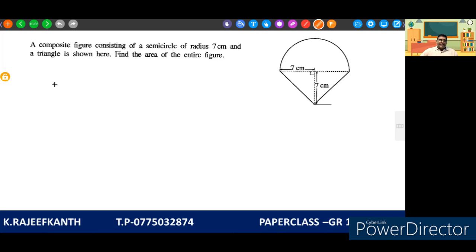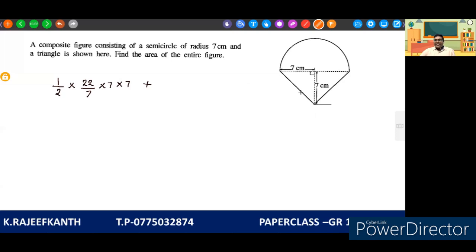Here the total area is half pi r square, half into pi 22 by 7, and the radius is 7 into 7, because half into pi into r square. So that is why here I have written half times 22 by 7 into 7 into 7 plus.